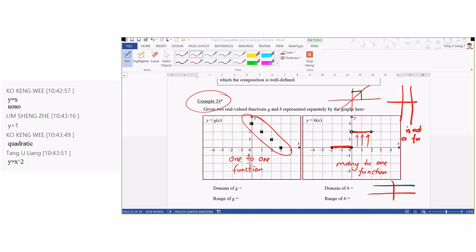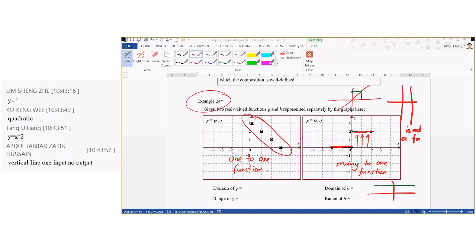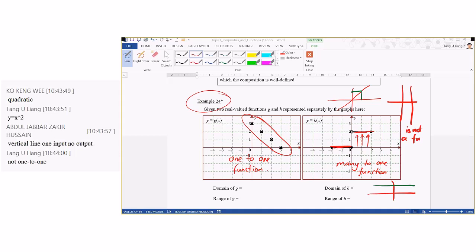Yep, that's right. One input to output, so it's not a function. A vertical line is not even a function. Yeah, a vertical line is one to many.